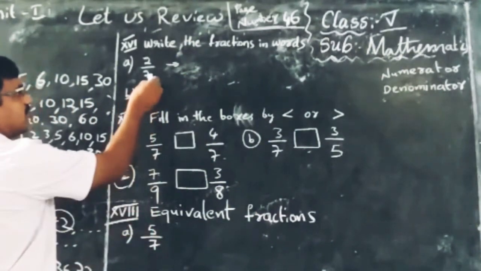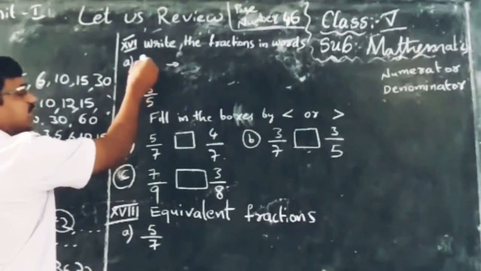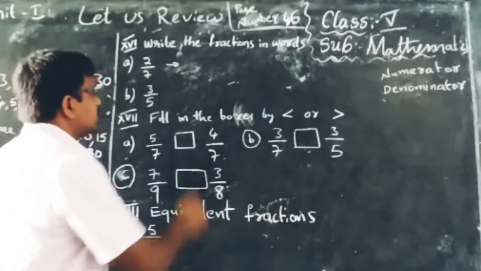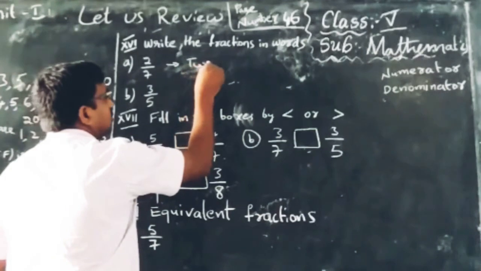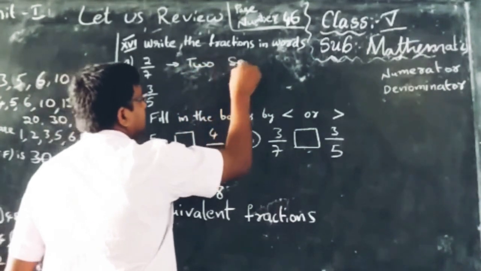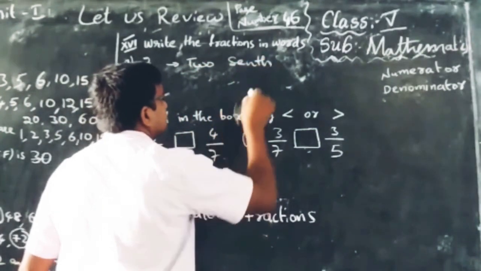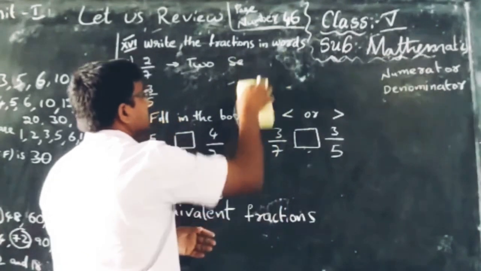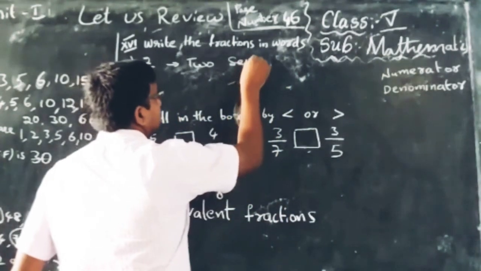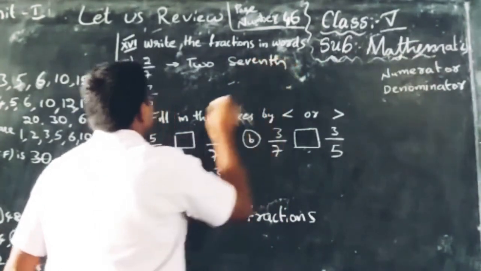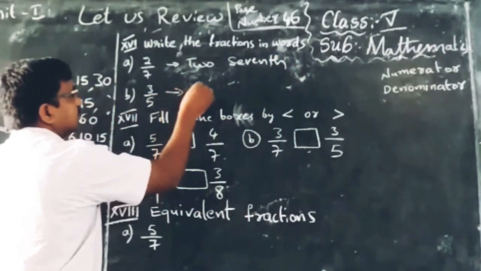Means out of 7 parts, we have selected only 2 parts. Here 3/5.